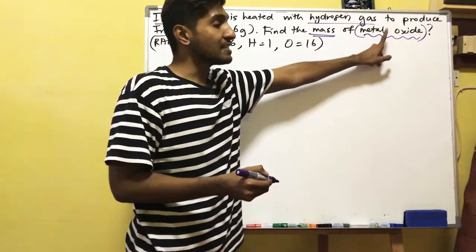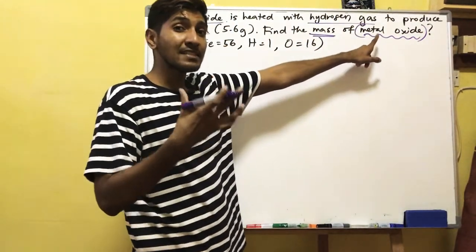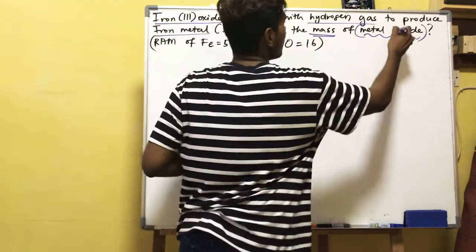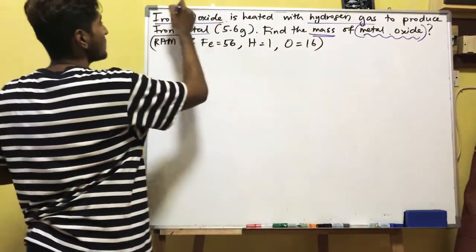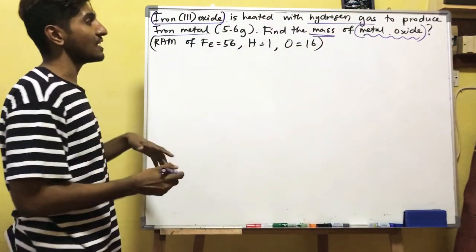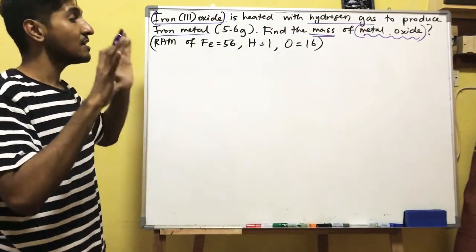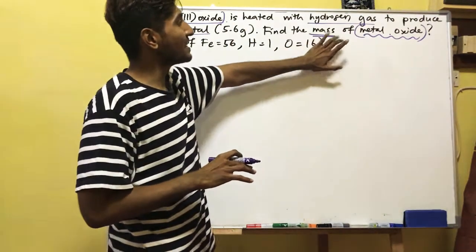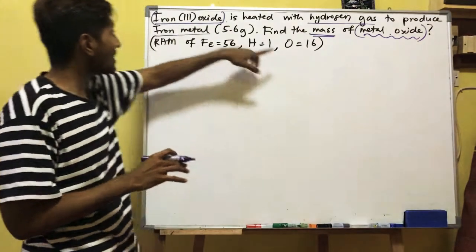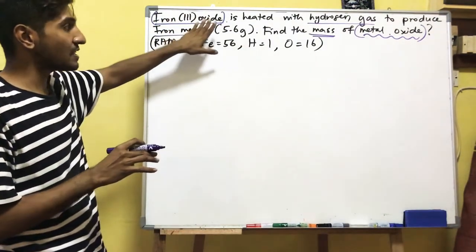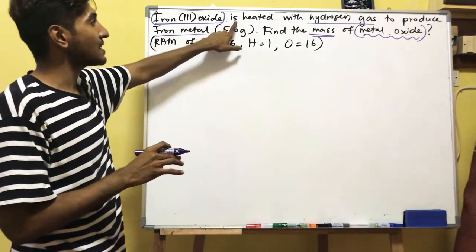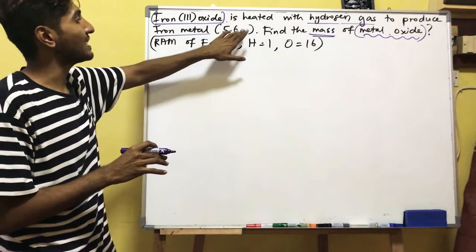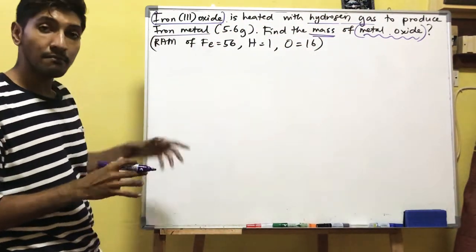So, this metal oxide, what does it show? What is the metal oxide that we're talking about? The metal oxide that we're talking about is basically the iron trioxide. So, in another way, soalan ini minta apakah jisim logam oksida iaitu ferrum 3 oksida kalau setelah dibakar dengan hydrogen gas menghasilkan 5.6 gram logam ferrum.